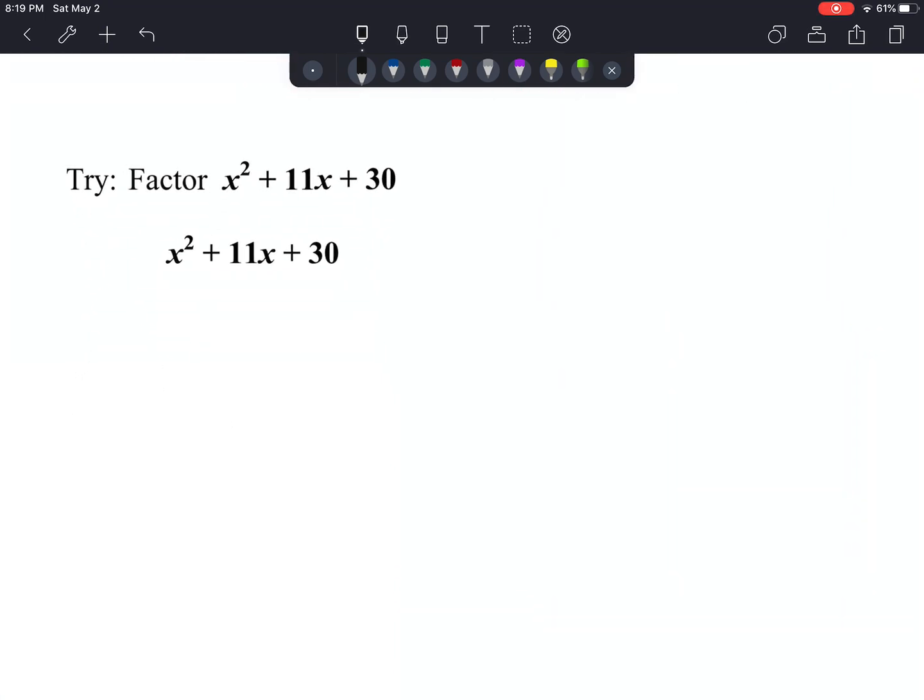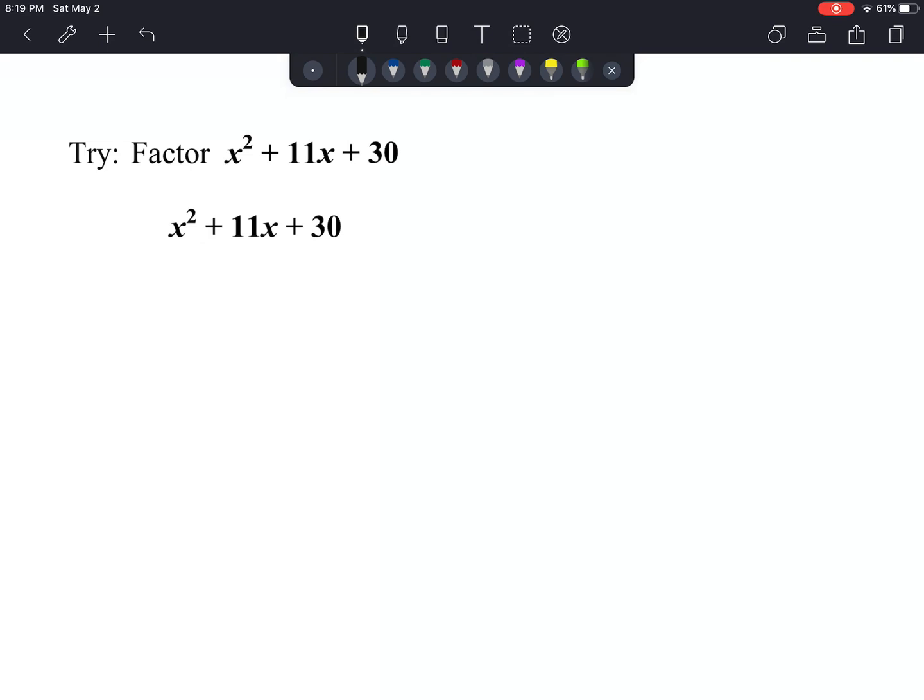Okay, so here's one for you to try. X squared plus 11x plus 30. When you come back, I'll have the answer. This factors to be, now I'm going to show you how fast this is, x plus 5, x plus 6.